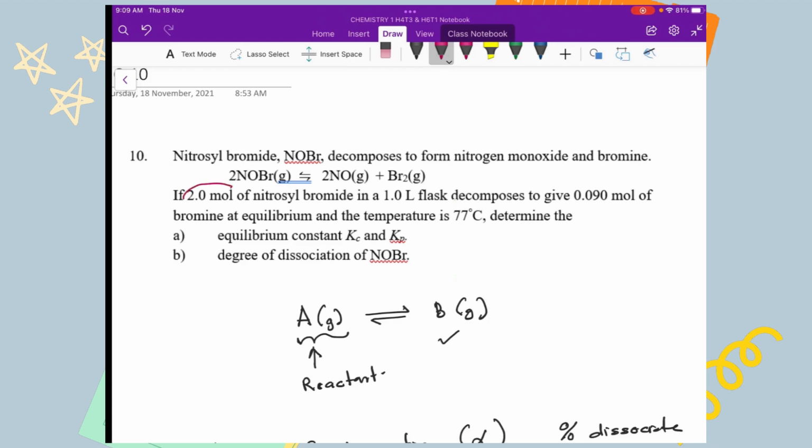If 2 mole of nitrosyl bromide in a 1 liter flask decomposes to give 0.09 mole bromine at equilibrium, so this is the point: 0.09 is the number of mole at equilibrium, and 2 mole is the number of mole initial. Because we have changes like that, how do we calculate the Kc and Kp?